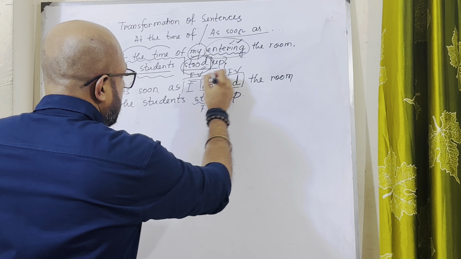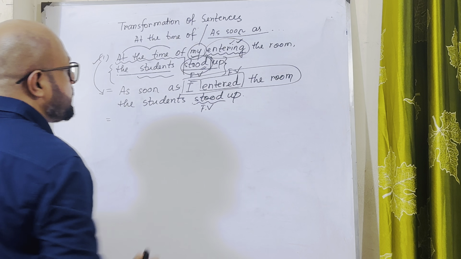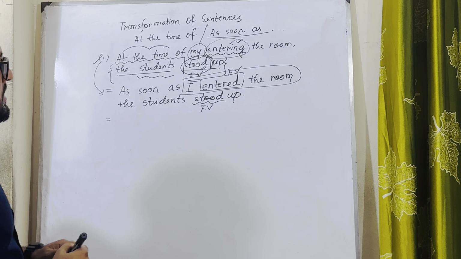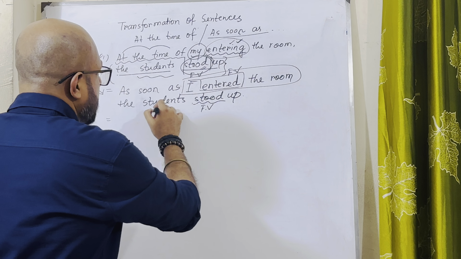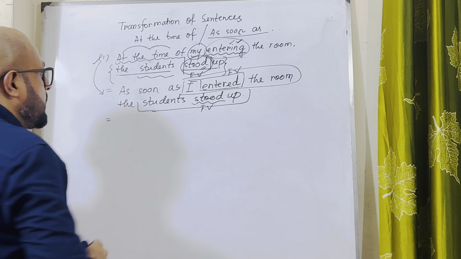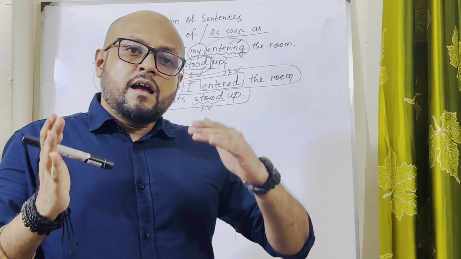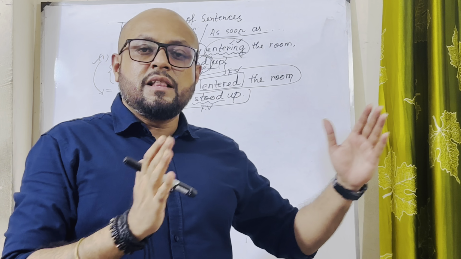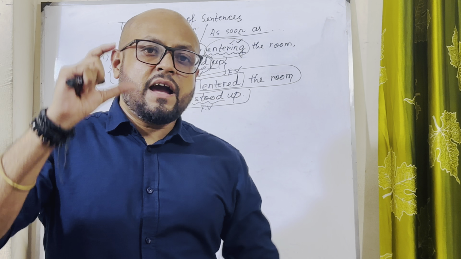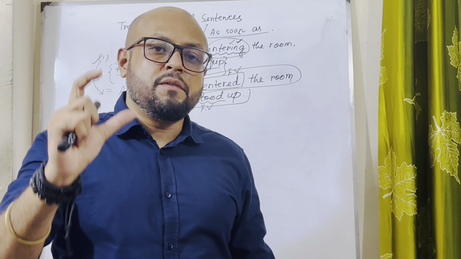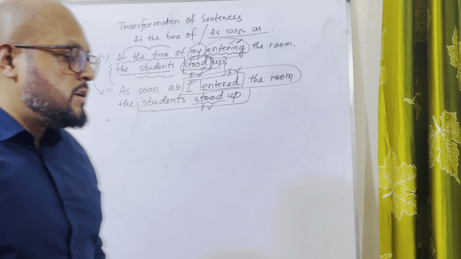Action number 1: I entered the room, and action number 2: the students stood up. These two activities happened at quite a similar time, and there is a very little time gap between them.